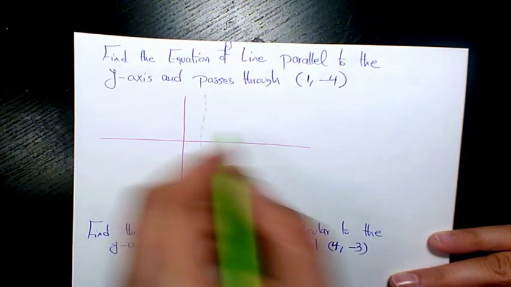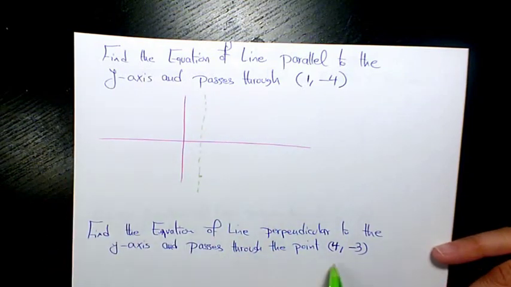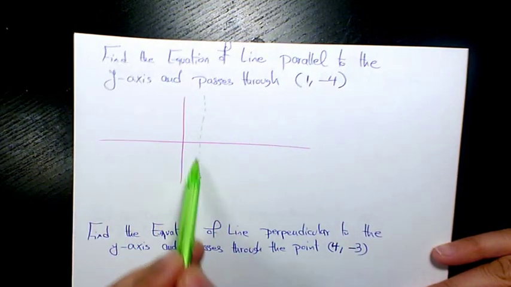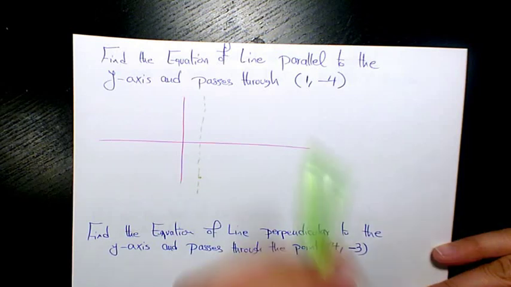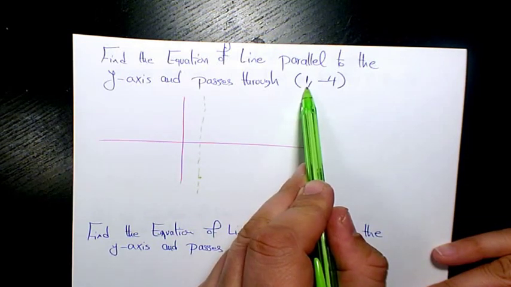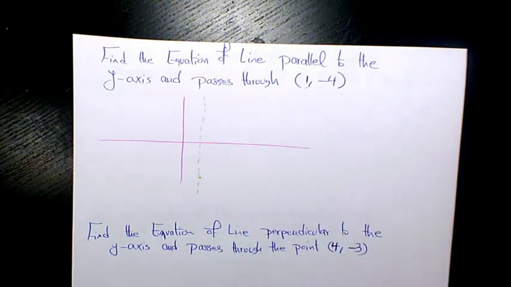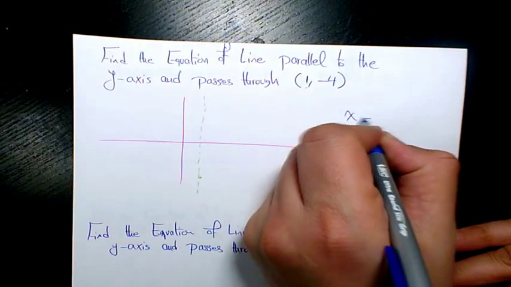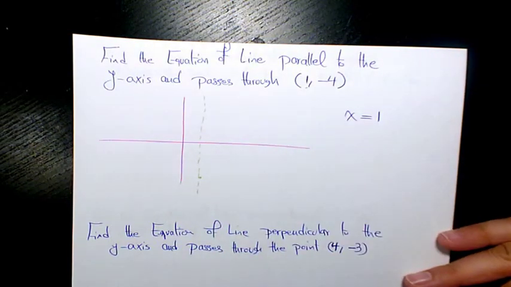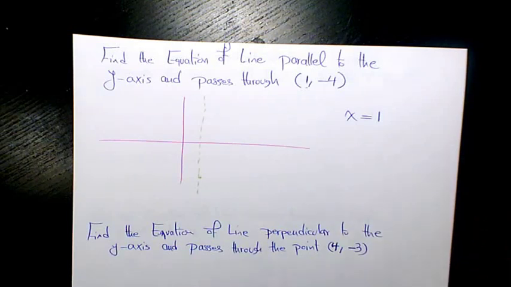A vertical line, so it has to be x equals a constant number, because all the x values on this line are the same, which equals the x value here. So the equation of the line is x equals 1. That's it. As I said, vertical lines have an undefined slope.